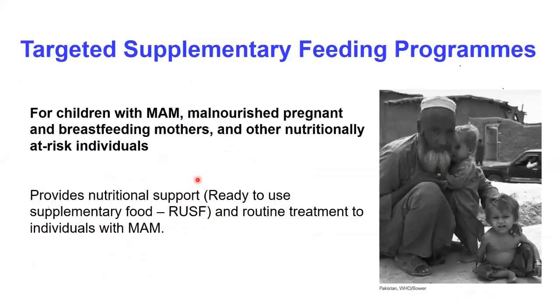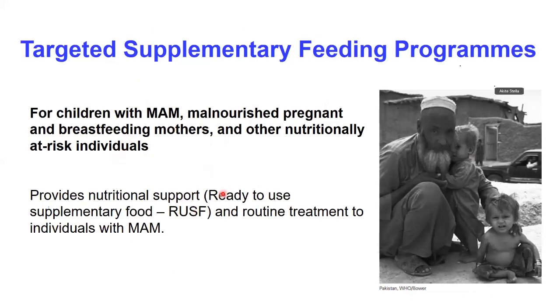But as I've already alluded to, in the chronic conditions of food insecurity, refugee settings, and so on, we institute supplementary feeding for moderate malnutrition, targeting the children, the malnourished, pregnant, lactating, and those at risk.